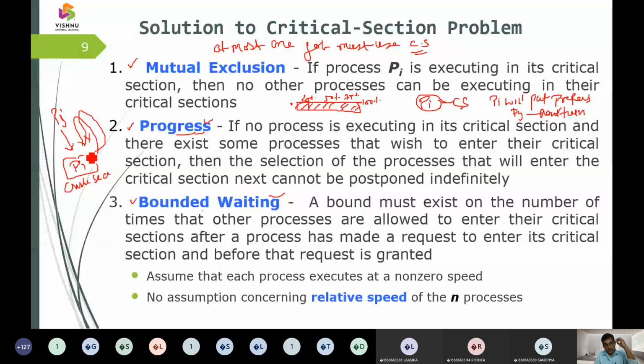So there is no clear indication to Pj when Pi is going to leave the critical section. There is no progress here. So it is put in a state called bounded waiting. So it is waiting until Pi exits from the critical section.